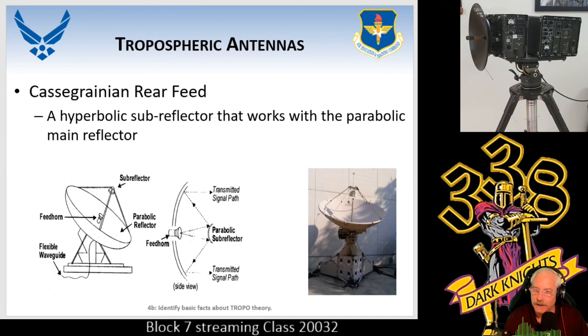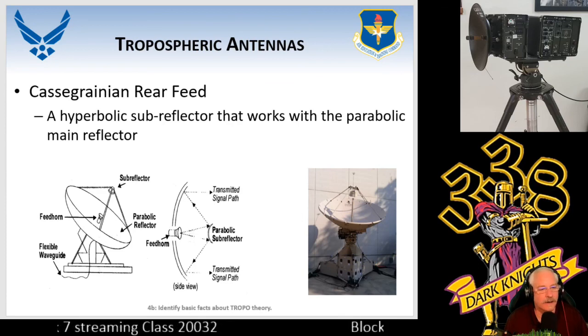When it transmits, it goes through the feed horn, bounces off that parabolic subreflector, then bounces onto the dish, and then gets reflected, looks like, out through the front end. In other words, you're focusing that signal.